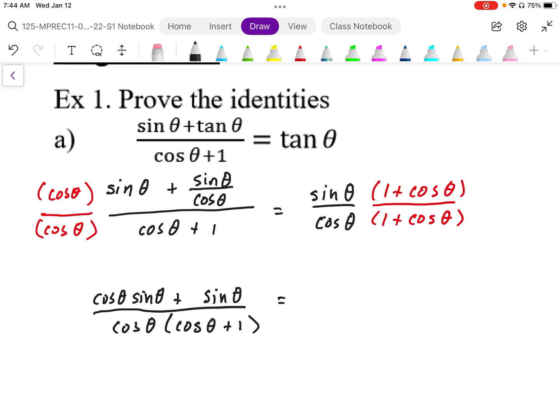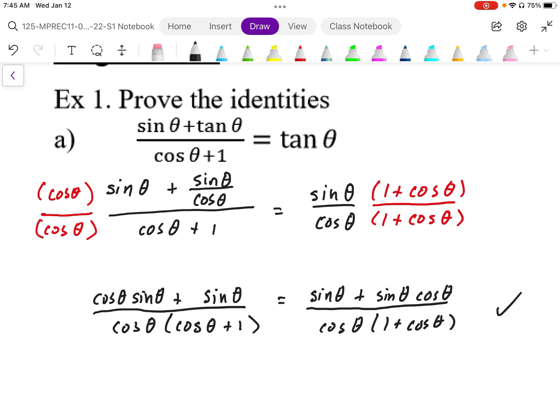And there's the left-hand side. The right-hand side is going to end up being sine theta plus sine theta cos theta. The numerators match, and the denominators must match because we did this as a common denominator. So that now has proven that identity.